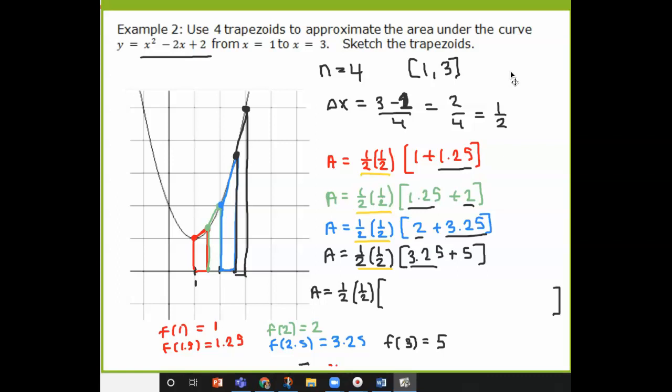So that area is kind of like 1 plus 2 times 1.25 plus 2 times 2 plus 2 times 3.25. So anywhere the trapezoid shared a side, you could just double that value.